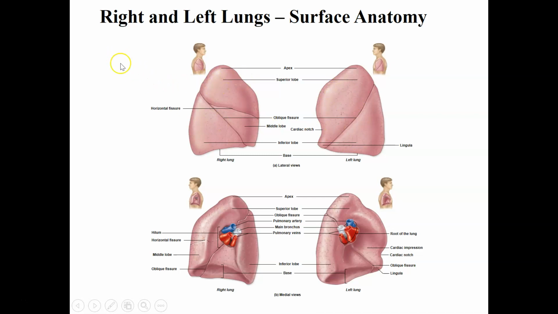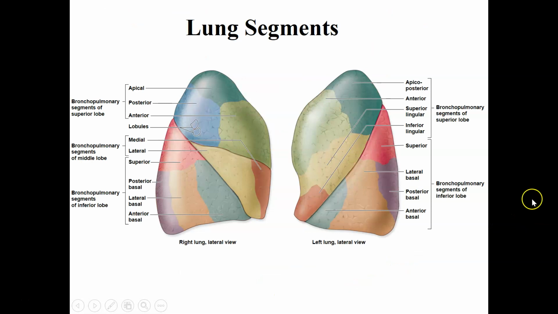The right lung also has 3 lobes, whereas the left lung is divided only into 2 lobes. Lobes are basically sectors of the lung. They're sectored off due to a connective tissue partition between these different areas. Within lobes, there's further subdivision into segments, and these are color-coded by different colors on this slide. If we're looking at the right lung here, these are different segments of the superior lobe of the right lung.